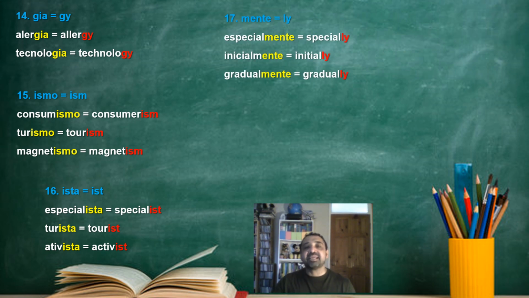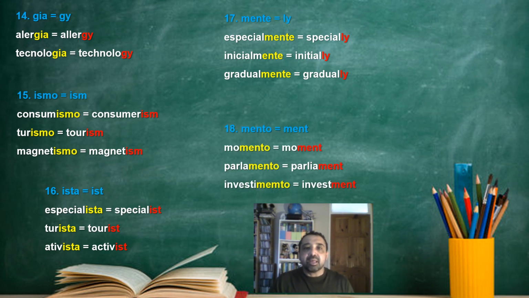Number 17, "ly". Words ending in "ly" in English become "mente" in Portuguese. So especially, especialmente, initially, inicialmente, gradually, gradualmente. Number 18, "ment" becomes "mento" in Portuguese.